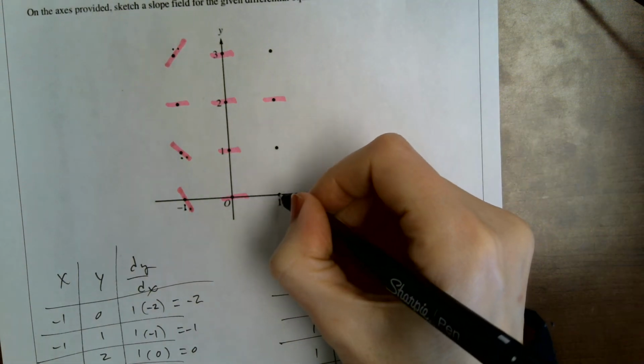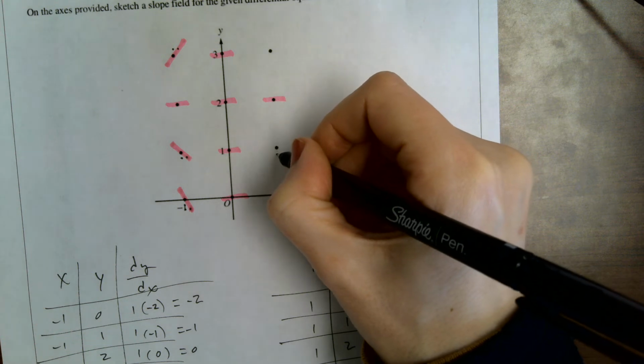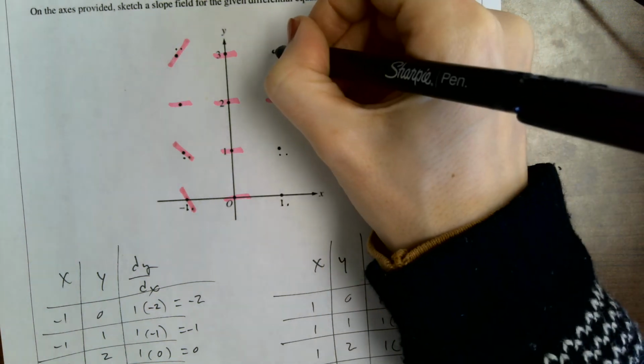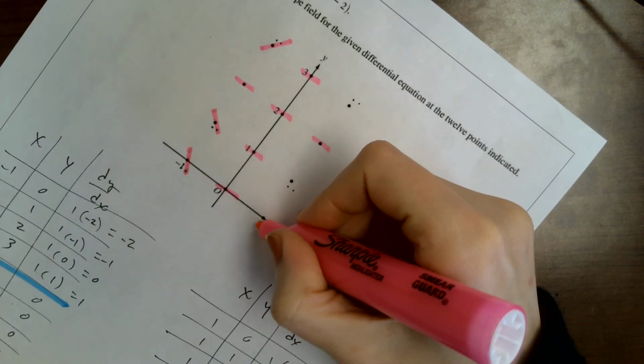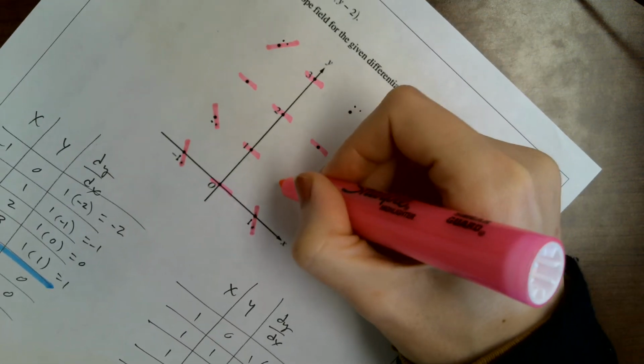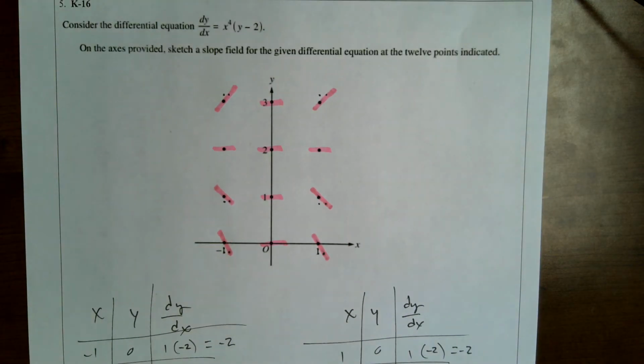So I go down 2, right 1, down 1, right 1, up 1, right 1. Okay, guys, there it is. That's the slope field.